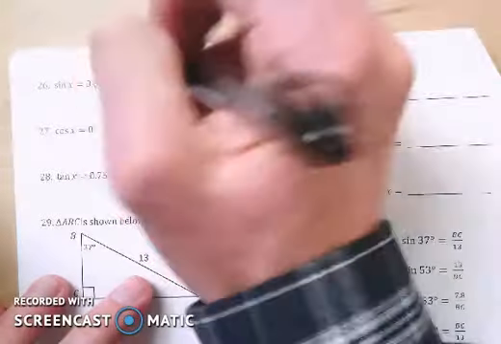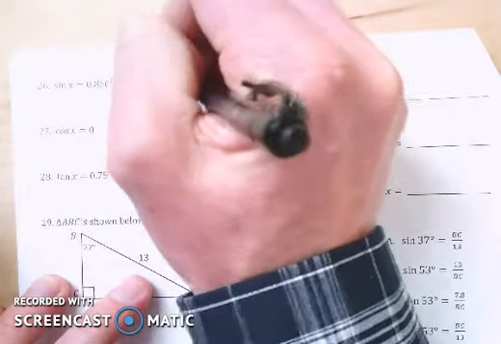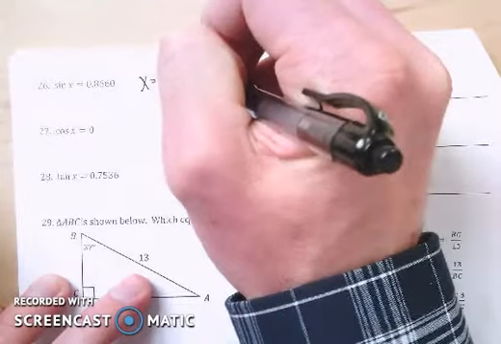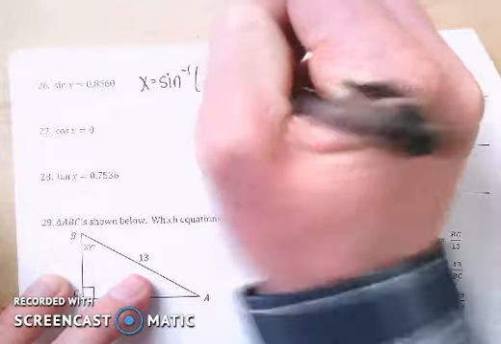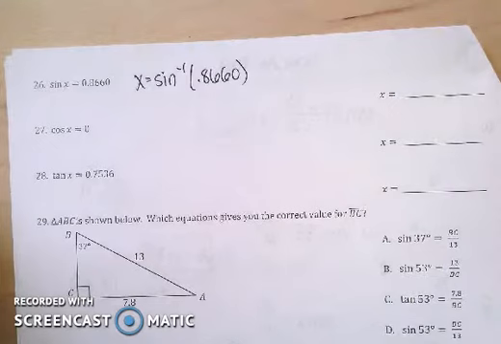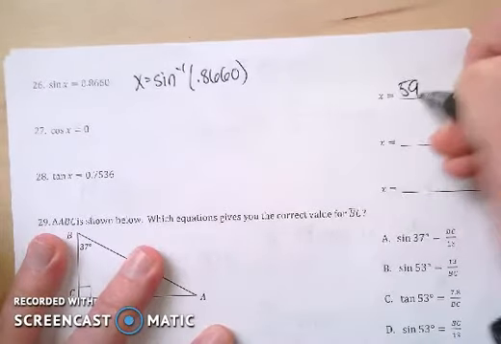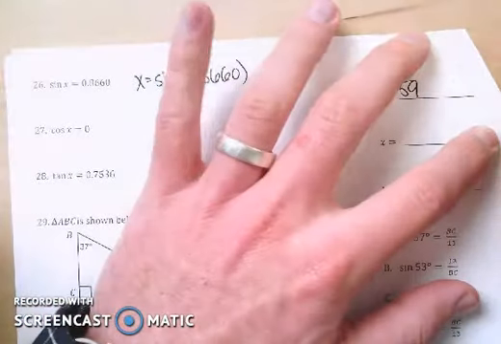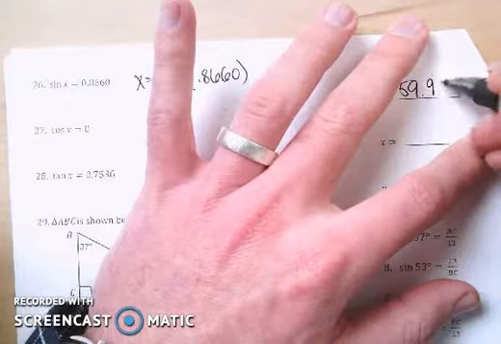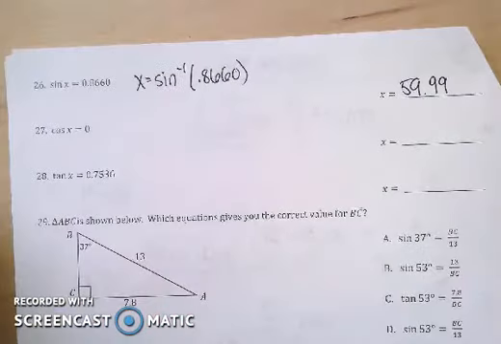So I'll write them all out, but we've got the inverse sine of 0.8660. So it's literally just plugging it all into your calculator. And then we get 59.99. I'll just leave it like that instead of rounding because then it would go to 60 basically.